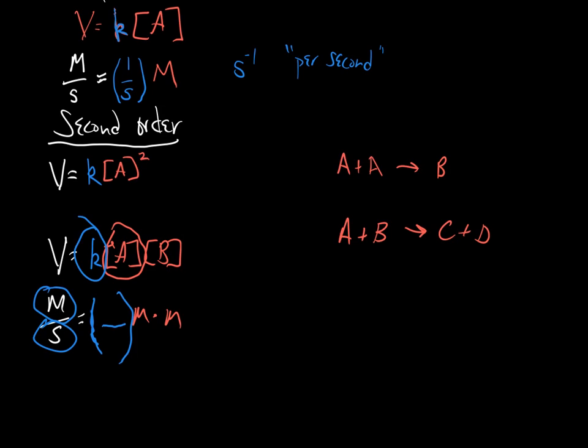And how do we get the S on the bottom? You put it there. So it'd be 1 over molar seconds. But usually we don't write it this way. Usually it's written as M to the -1, S to the -1. And they call it per molar per second.